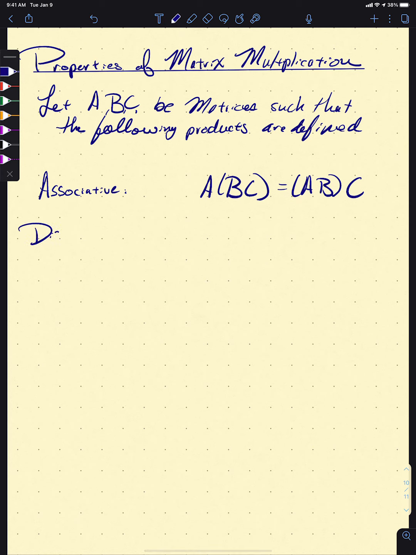Now let's take a look at the distributive property, because it might not quite look like you're used to, okay? And it says that A times B plus C equals AB plus AC, right? And that kind of looks like you'd expect, but there's actually a second distributive property that we now need to pay attention to.